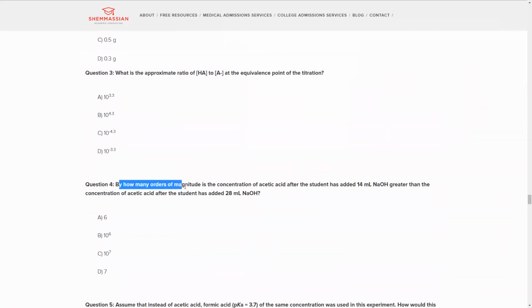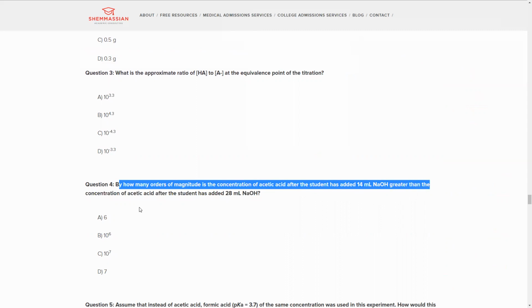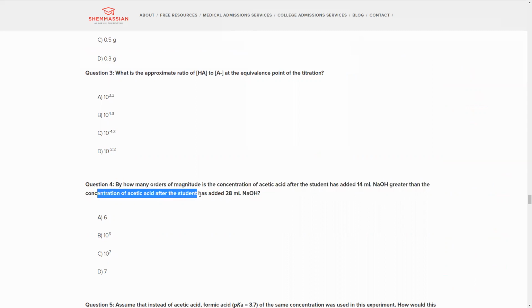Now, by how many orders of magnitude is the concentration of acetic acid after the student has added 14 milliliters of NaOH greater than the concentration of acetic acid after the student has added 28 milliliters? So we need to look at the concentration of acid at 14 milliliters and at 28 milliliters.